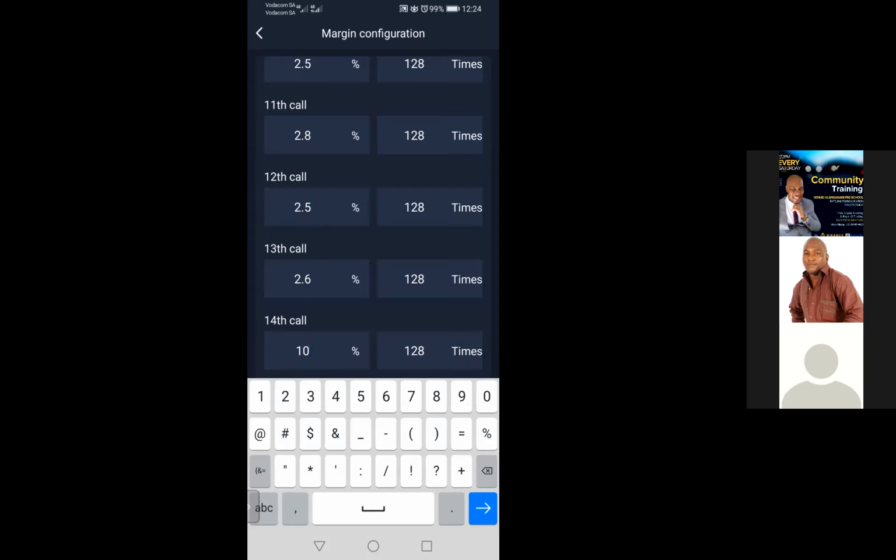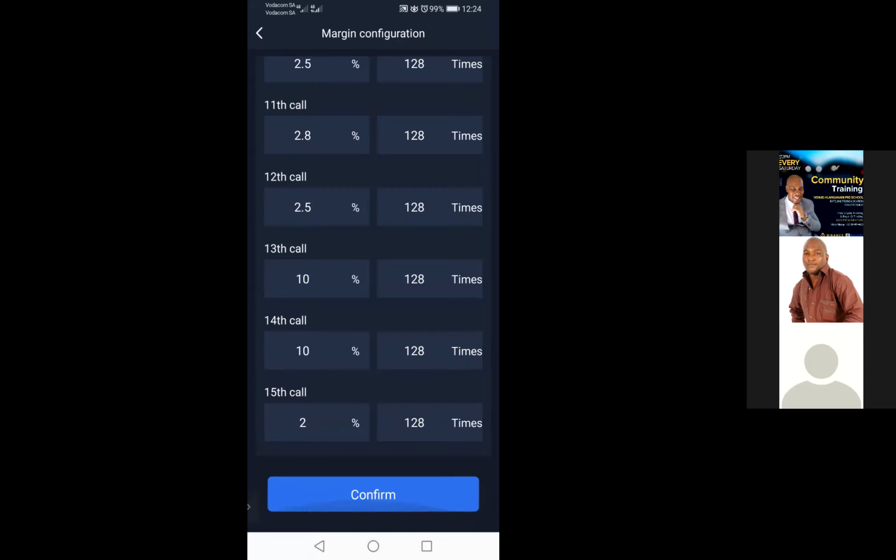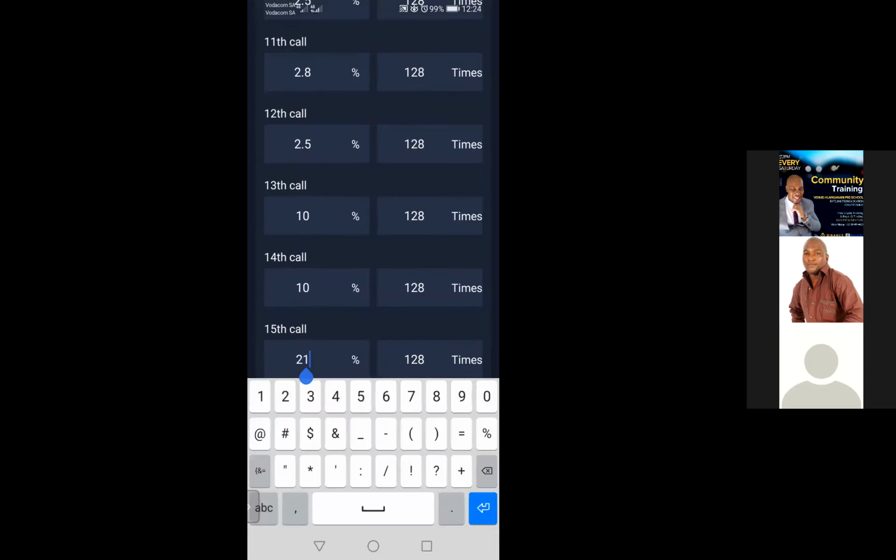It's going to be 10-10. We make them bigger percentages there. Yes. Okay, beautiful. So that's where we're going to end.